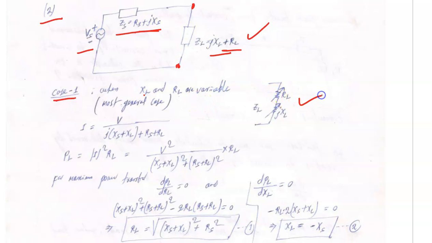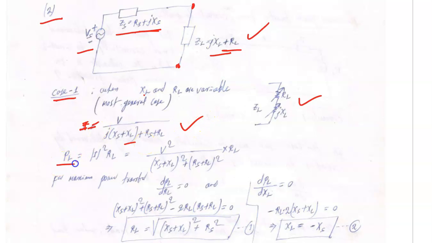So I'll find the current. The current will be simply V upon the summation of the total impedance, so j(XS plus XL) plus RS plus RL.